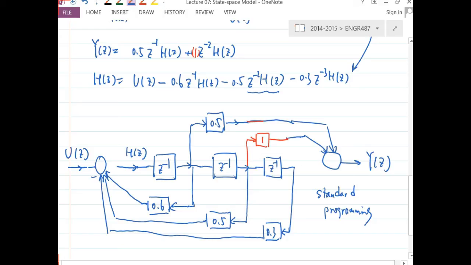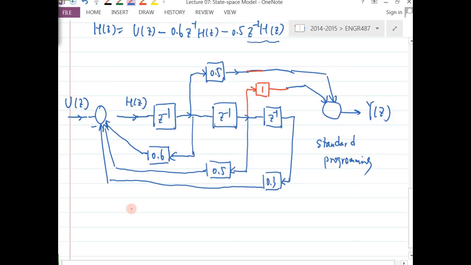Any questions? Okay, so let me ask you a question now. What if the numerator is equal to 0.5 z squared and z plus 2?